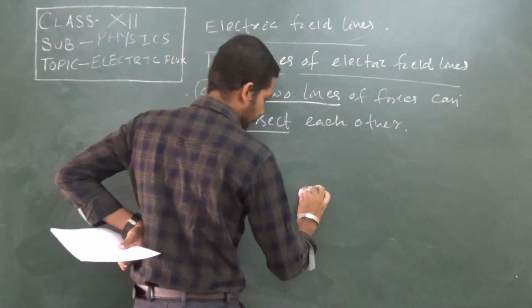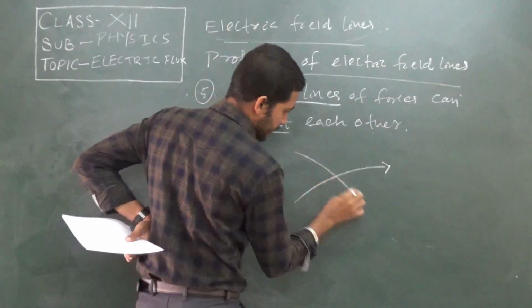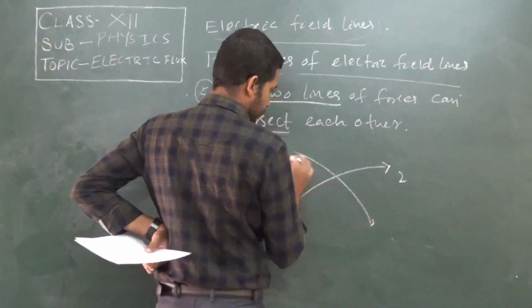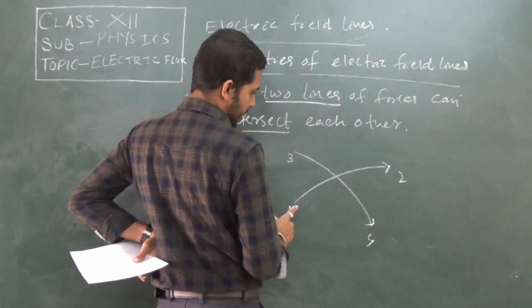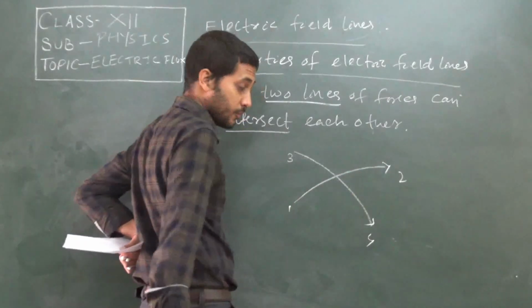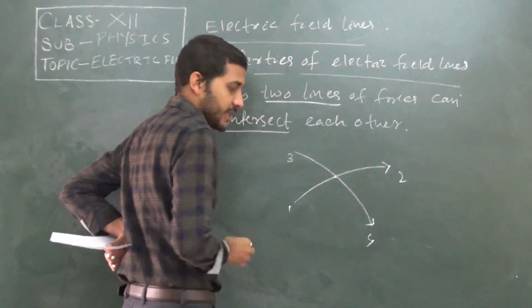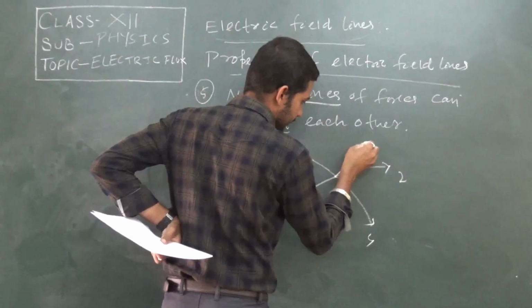Let us consider you are having a line of force here. Let us say this one is 1, 2. Let us say this one is 3, 4. Line of force. So for example, for these 1, 2 lines of force, if I want to calculate the direction of electric field at this point, then what I will get?